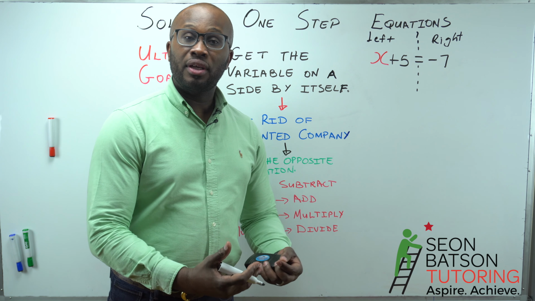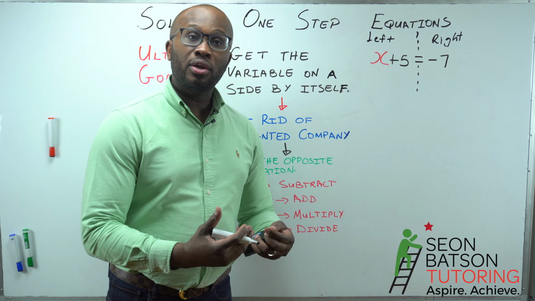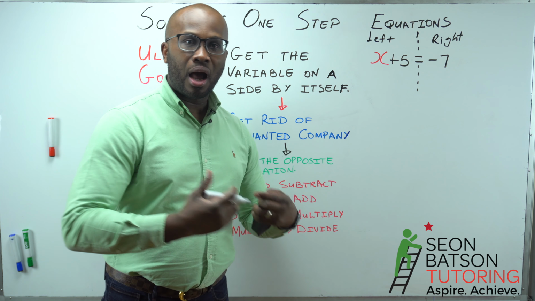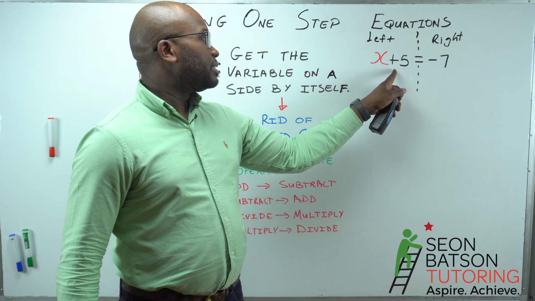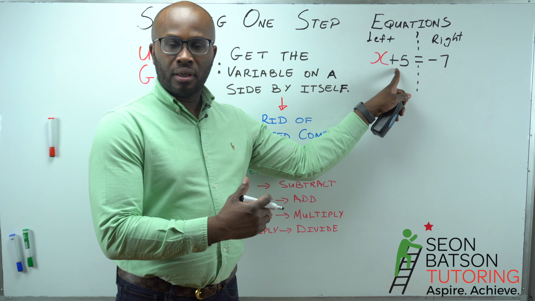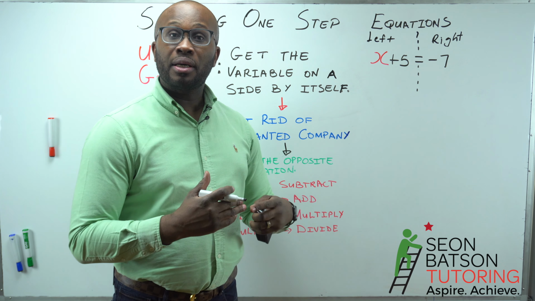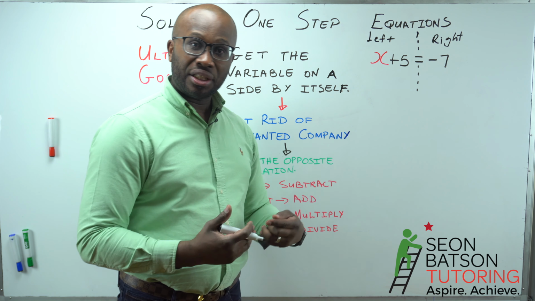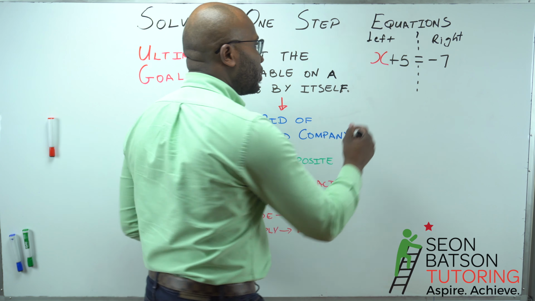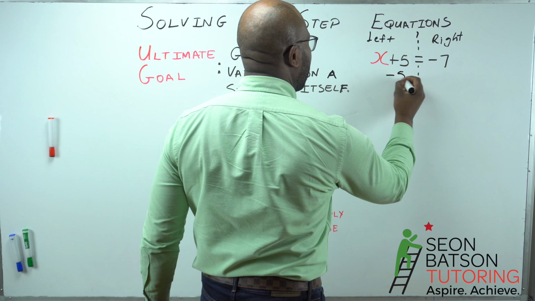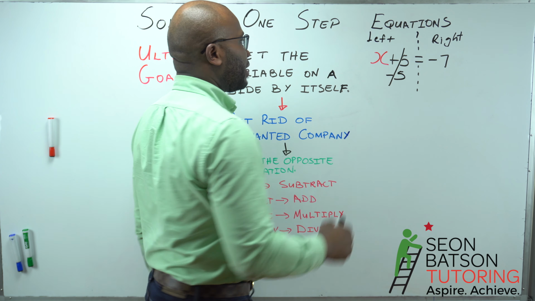Well, to get rid of the unwanted company, we will use the opposite operation. Now, since this 5 is adding, we will subtract 5 to get rid of this 5 because the opposite of addition is subtraction.